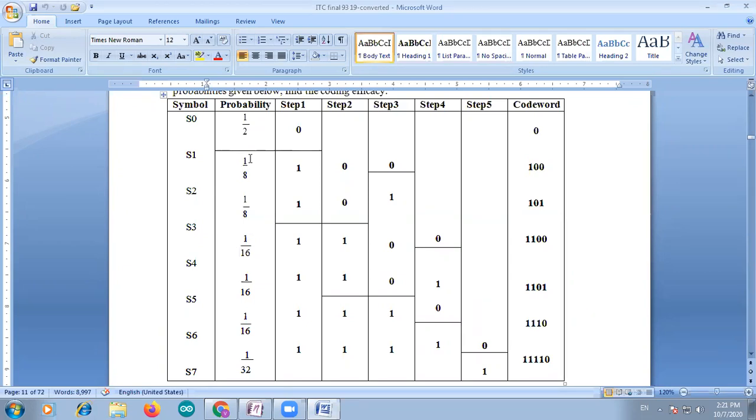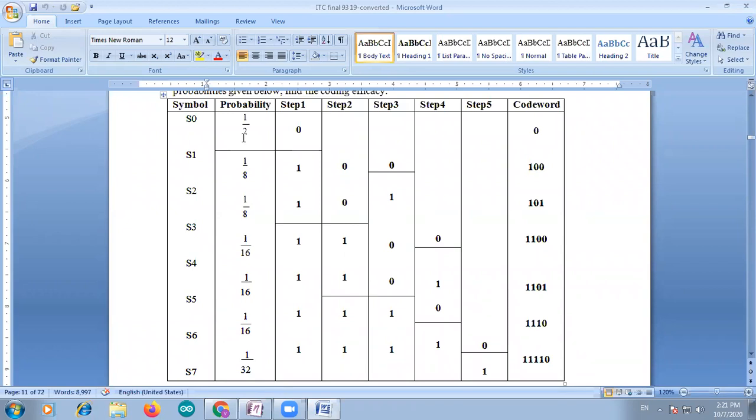Then first divide the symbols into two groups. The first symbol is one group, and all the remaining symbols are the other group, because of the more or less equal probability condition: 0.5 and 0.5.